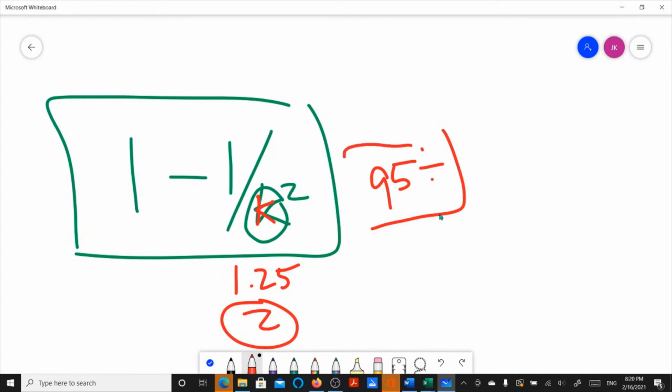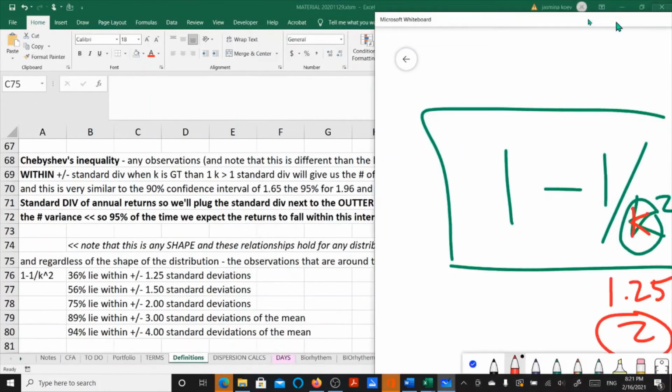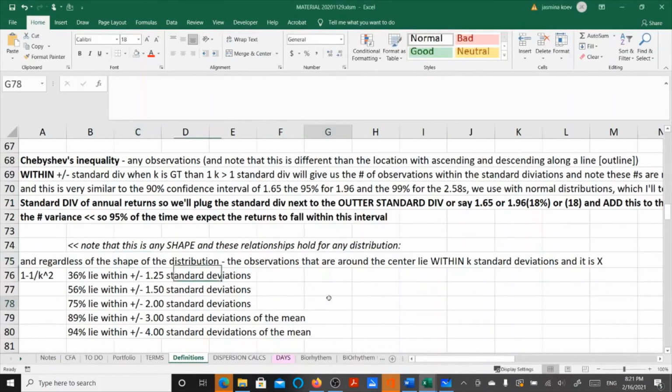So 95% of your data will be within 2 standard deviations of the distribution. When we do Chebyshev's calculation, let's do this calc here: 1 minus 1 divided by 4, because it's 2 to the power of 2.